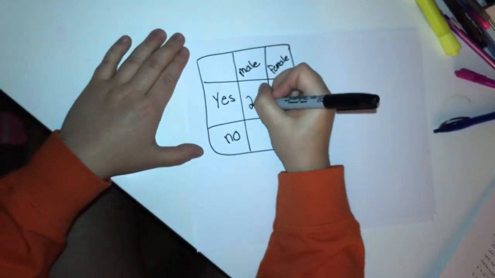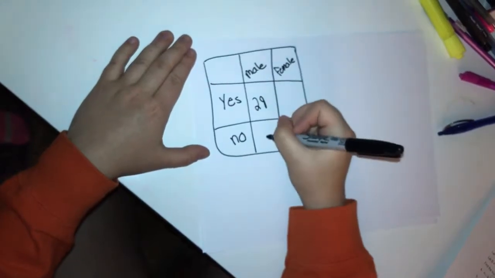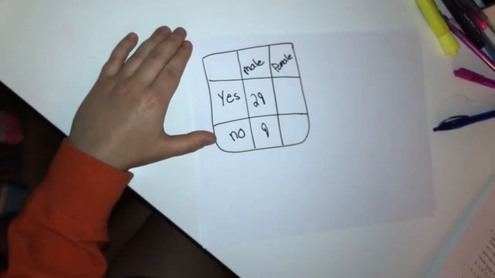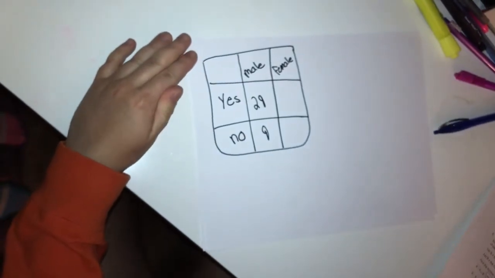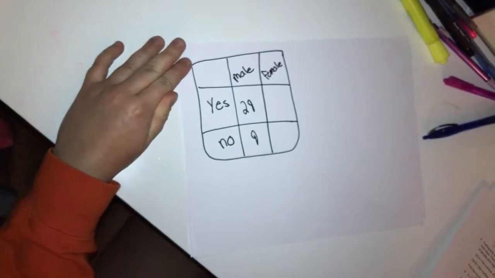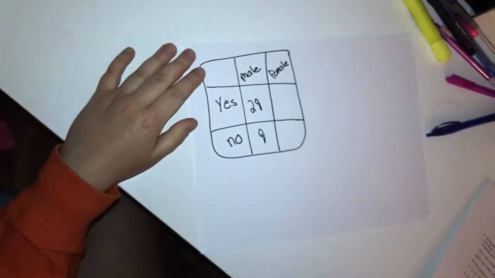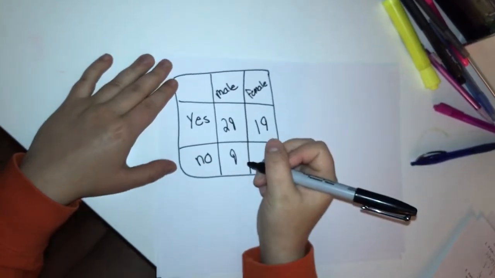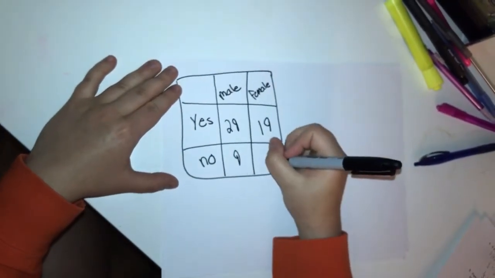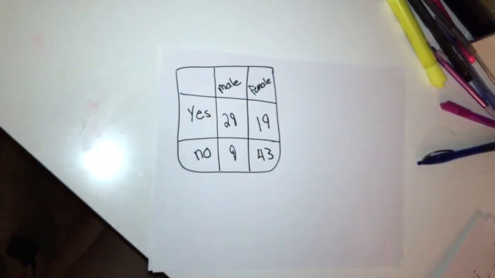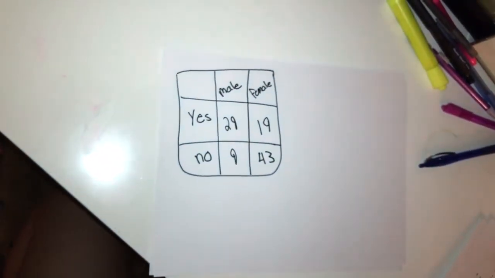Now 29 males said yes, 9 males said no. But we know that 48 people answered yes, and 52 people answered no. So 29 plus 19 would equal 48, and 9 plus 43 would equal 52. So there's our table.